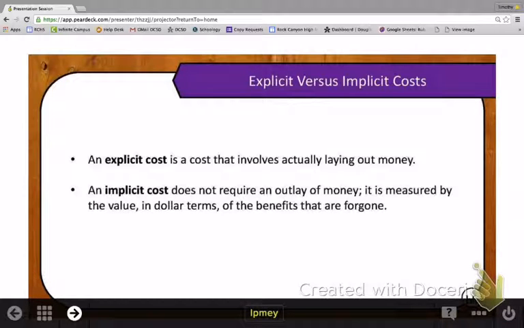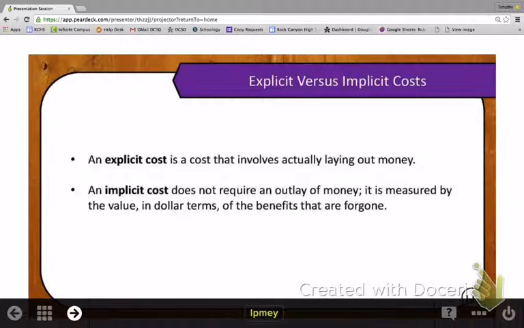So examples of this would be if you go to college instead of getting a job. The salary you would have made at that job, you're not paying that out of your pocket to go to college, but you are giving it up because you could have had it. So that is given up. If you take your savings out of a savings account and you could have earned interest on it, the interest that you would have earned is now given up when you take that savings out of the account.